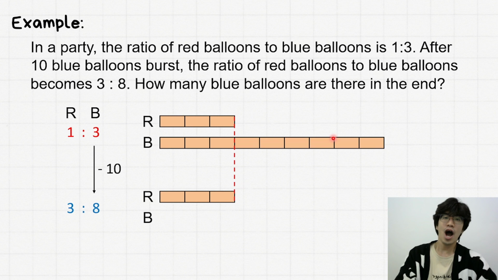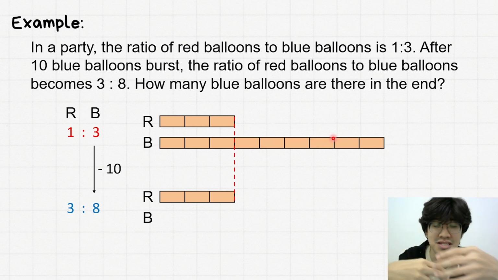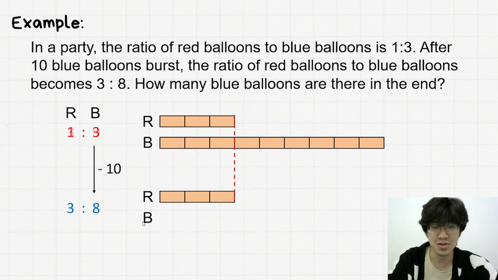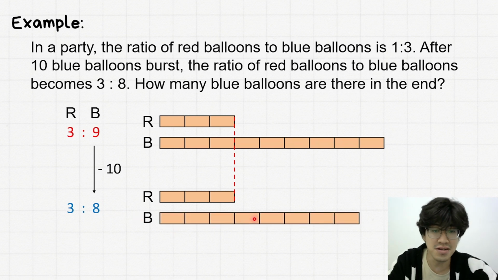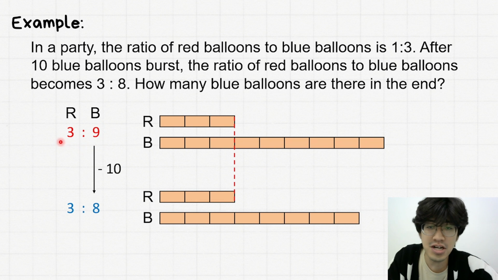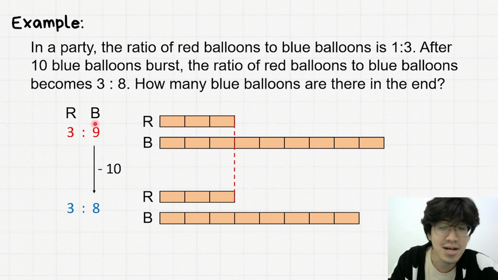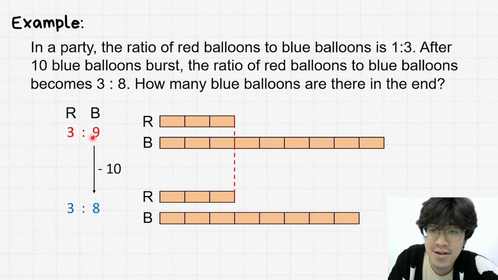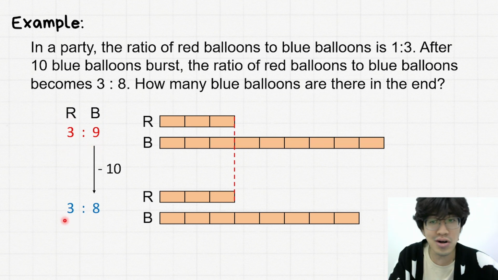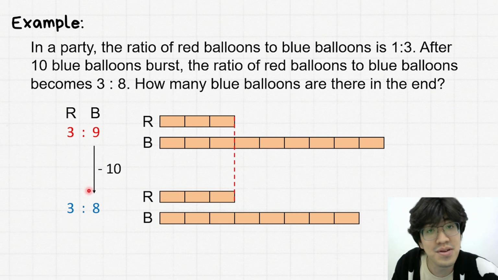Now we can see that all the units are consistent, the same size, and I can also draw these 8 units for blue: 1, 2, 3, 4, 5, 6, 7, 8. Now it's just a matter of simple comparison. What I just did is multiply the first ratio by 3, so it becomes 3 to 9, such that the red balloons have the same units, because they always have the same number of balloons.